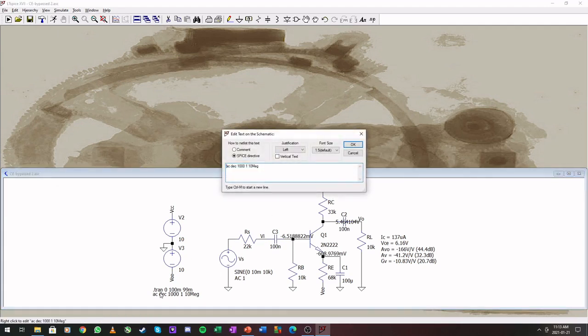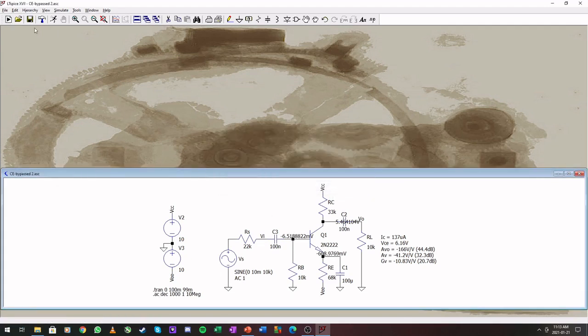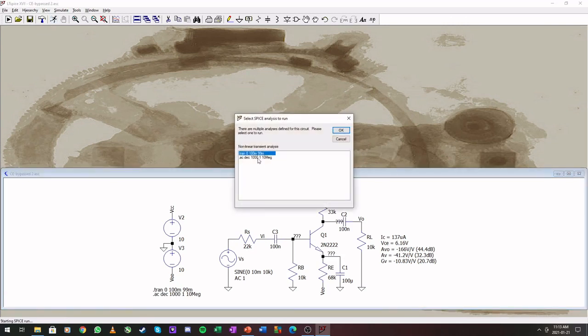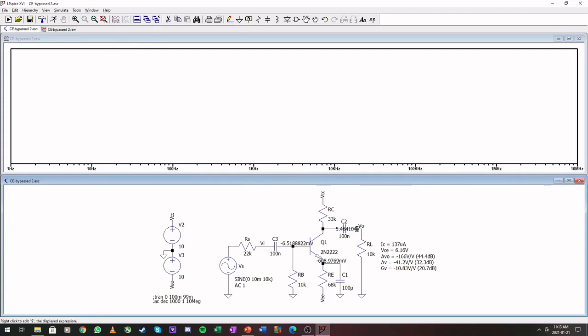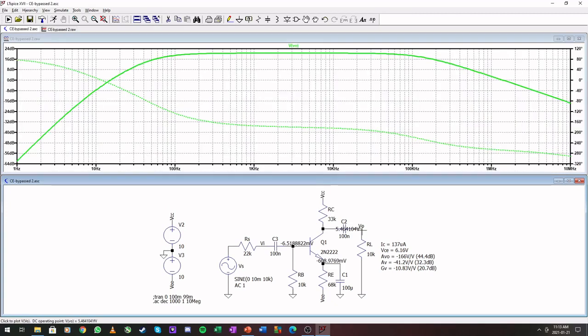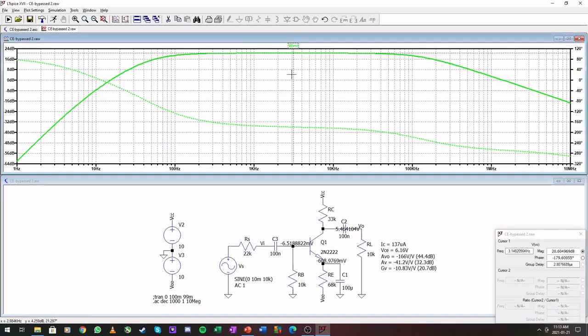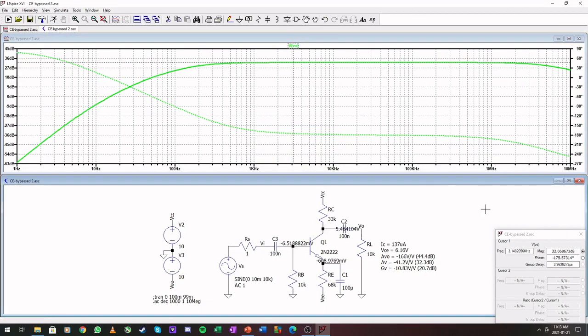Okay, but we want to do the AC analysis now. So let's run this. Click here, and 20.6, close to 20.7. That is our GV value. This should be our AV0 value, 32.06.